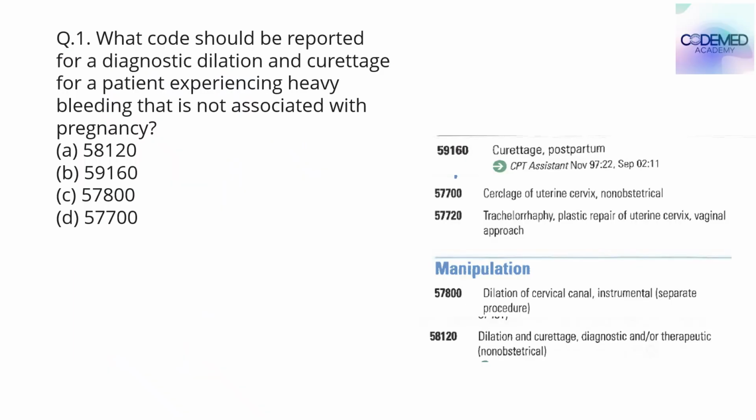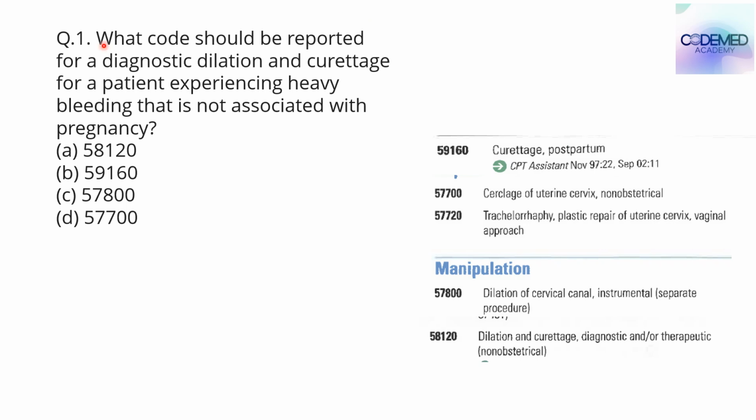What code should be reported for a diagnostic dilation and curettage for a patient experiencing heavy bleeding that is not associated with pregnancy? Now, let us look at the data points. First of all, diagnostic dilation and curettage has happened, and she is not pregnant. These are the important considerations when we are doing the coding.